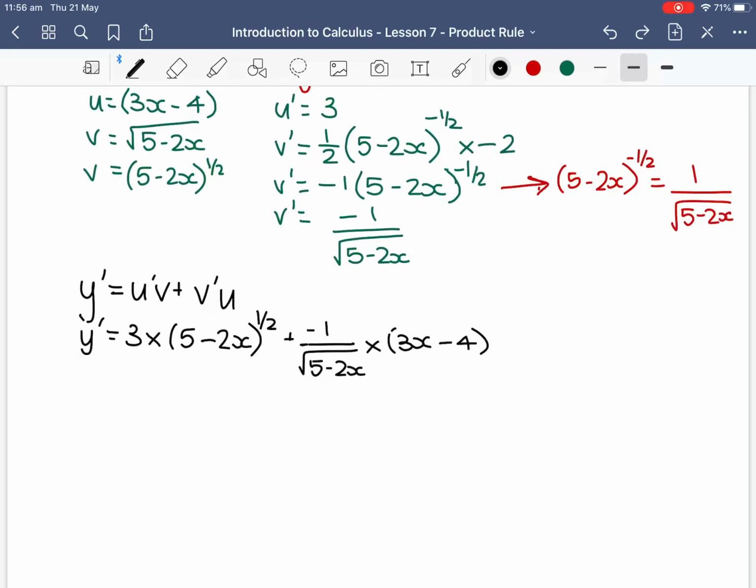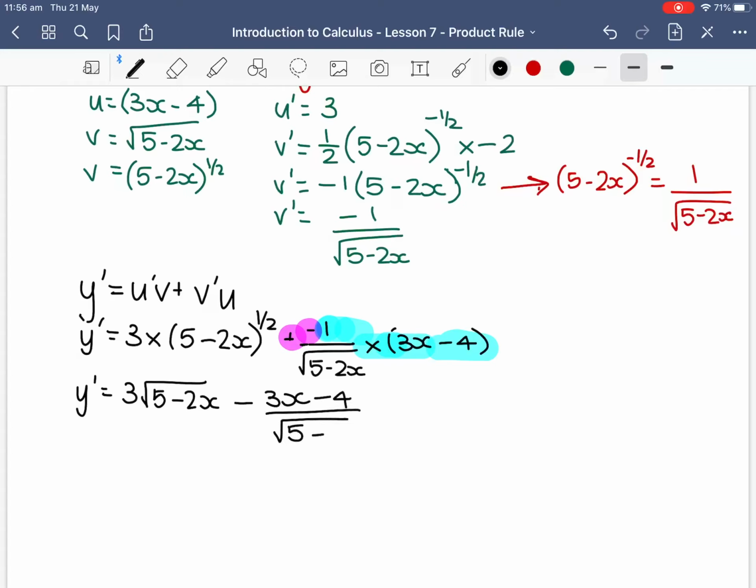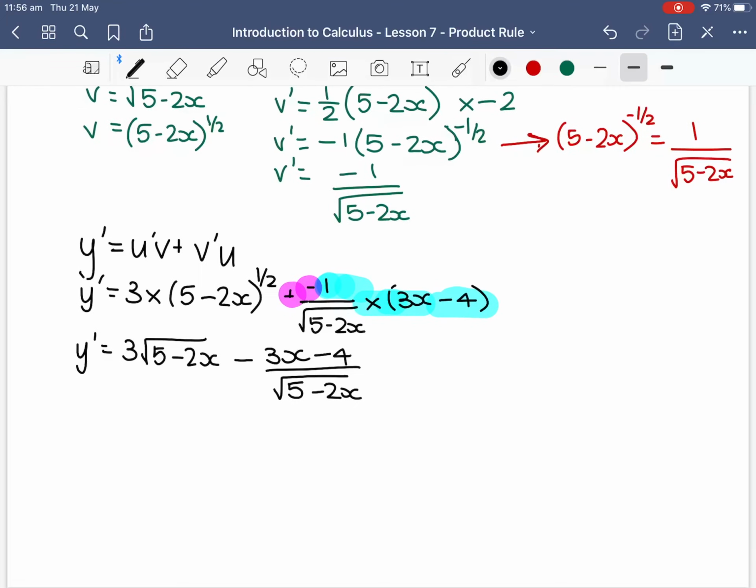So then we have y dash equals 3 square root 5 minus 2x minus, now this minus here makes this a negative, and then we want to multiply our 1 by our 3x minus 4, so that means our numerator will become 3x minus 4 all over the square root of 5 minus 2x.